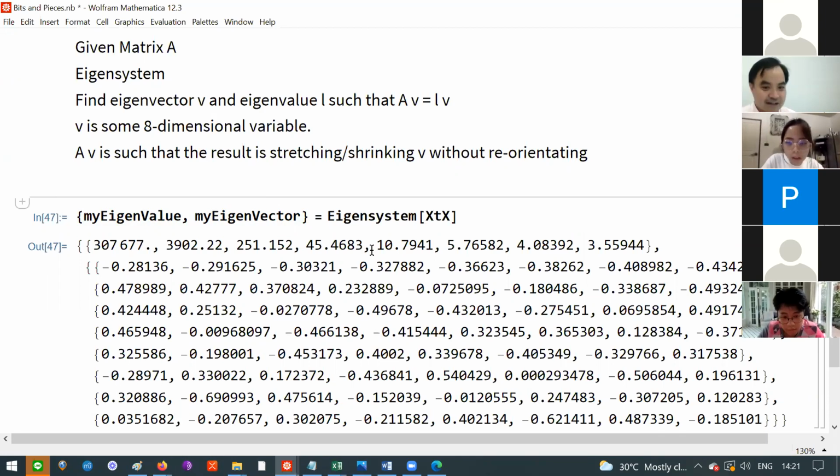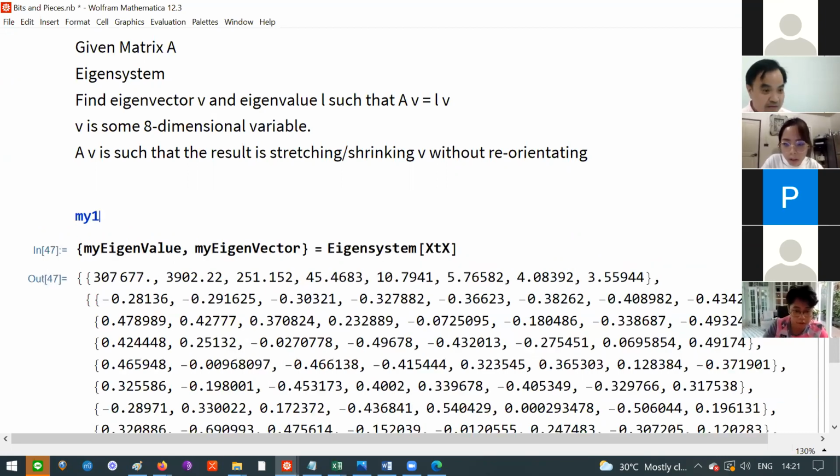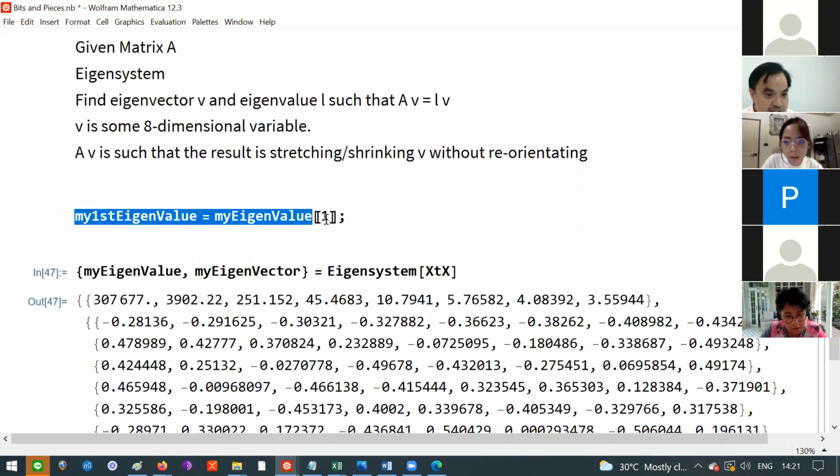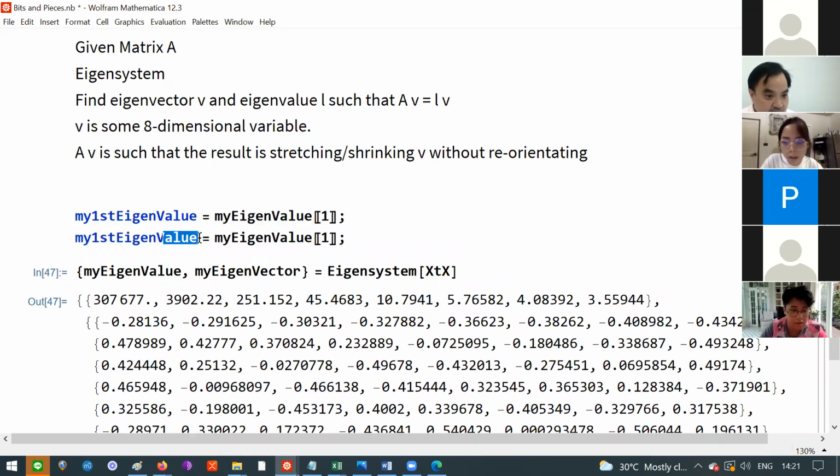I'm going to take this. Okay, watch this. I'm going to take the first eigenvalue. My first eigenvalue is equal to the first of my eigenvalues. Likewise, my first eigenvector is going to be equal to the first of my eigenvectors.